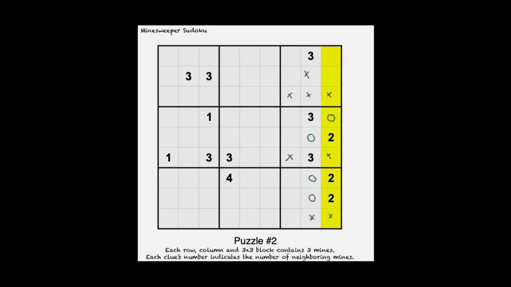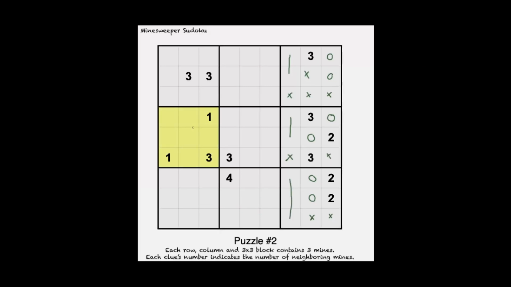This column has 1 mine and only 2 other unknown squares, so the mines in this column must go in those unknown squares. So at this point, on this side of the puzzle, we've got 6 mines placed. There's 2 mines here, so there's going to be another mine that goes here, 2 mines there, so another mine that goes there, 2 mines here, so another mine that goes here.